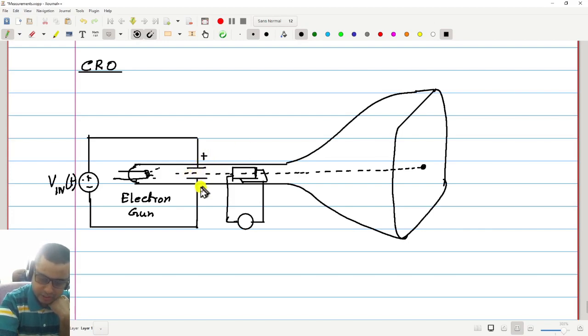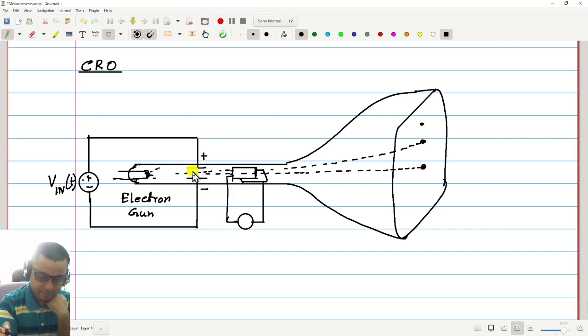So this is positive side, this is negative side, and the electron will be bending towards the positive plate, and therefore the electron beam will get bent and it will hit somewhere here instead of hitting at the center. And the more this voltage is, the more the electron beam will bend and go upwards. Therefore the glow point will also move upwards and upwards as you apply more and more voltage between these two vertical plates.